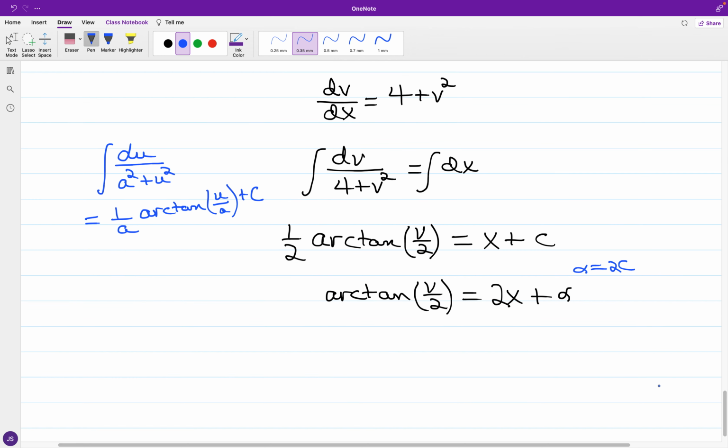Now, undoing the presence of arctangent, I'll take the tangent of both sides, just like what I did earlier. So you have v over 2 equal to the tangent of 2x plus alpha.